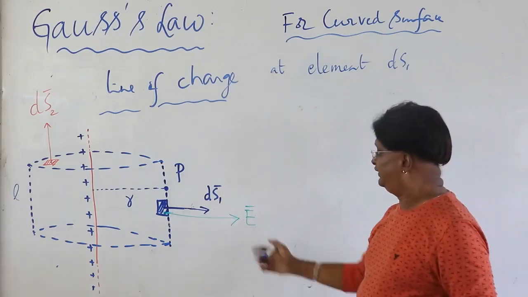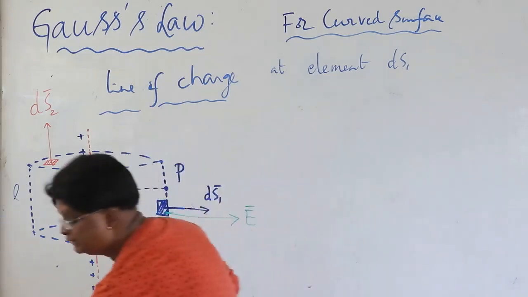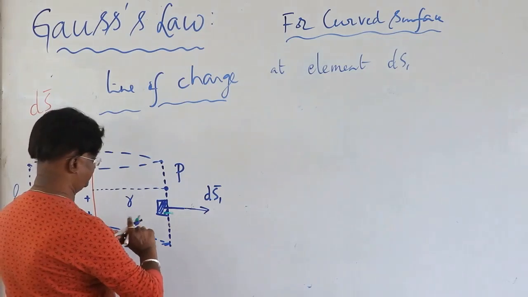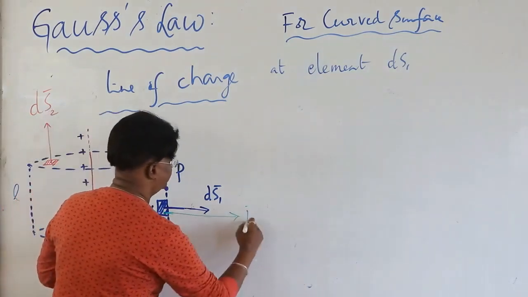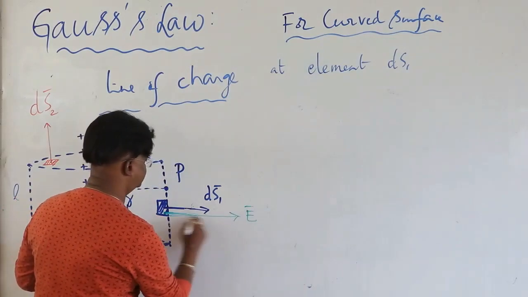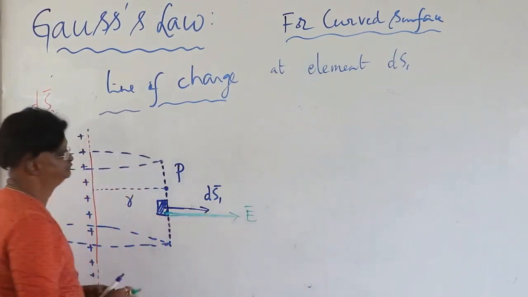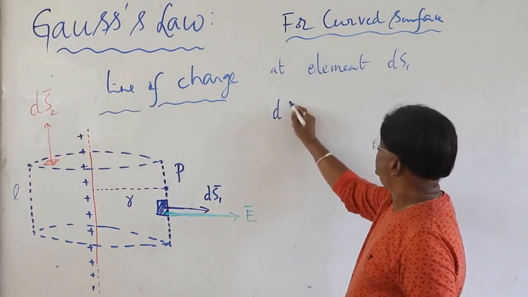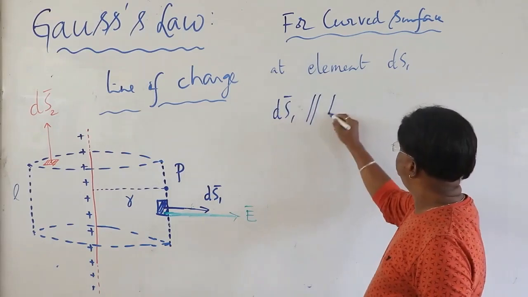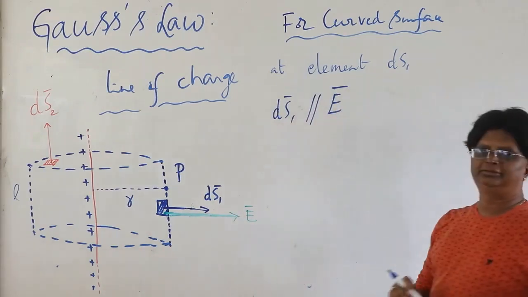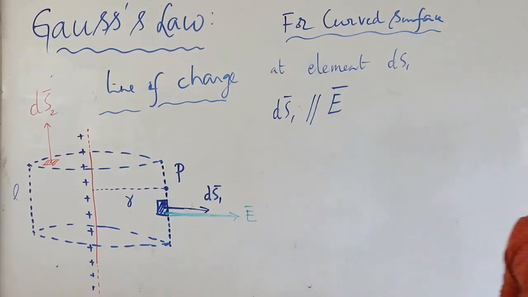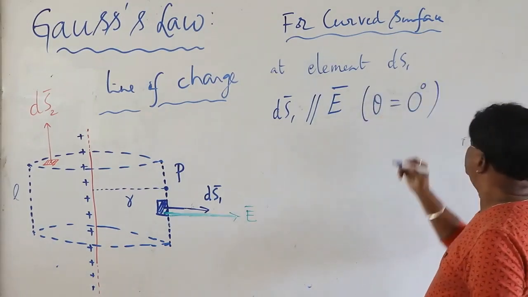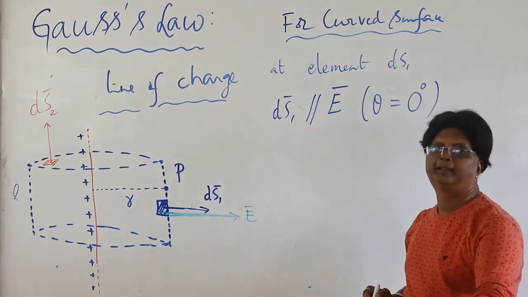See this figure one more time. ds and what is this vector in the green color? This is E bar. Right? So what is it that you observe? At the element, ds1 bar is parallel to E bar. That is, theta is equal to 0 degrees.